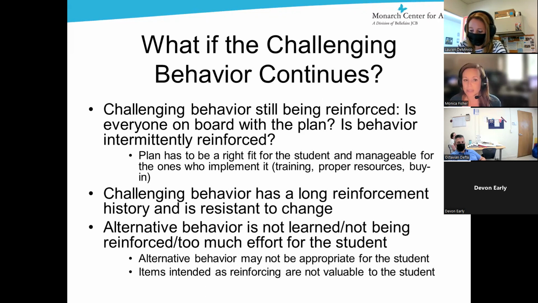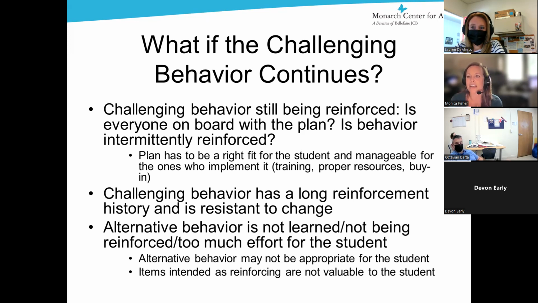Challenging behavior might still be occurring because it has a long reinforcement history and it's super resistant to change. If you've been doing that thing for so long, it is very hard to change behaviors. And I think that's something we all have to be aware of: how difficult it is for us to change our own behaviors. Think of people who are chronically late, right?